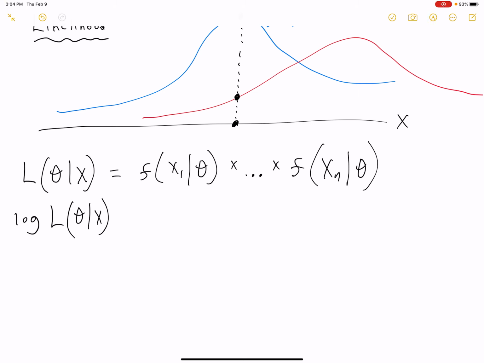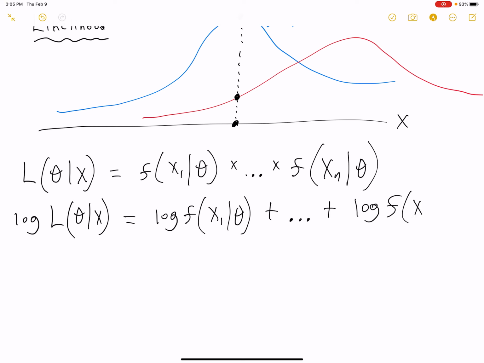The reason for that is, first of all, the log of a times b, we discussed this last time, is equal to log of a plus log of b. So this could then be extended out to the log of that first data point's likelihood plus ... plus the log of the final data point's likelihood.